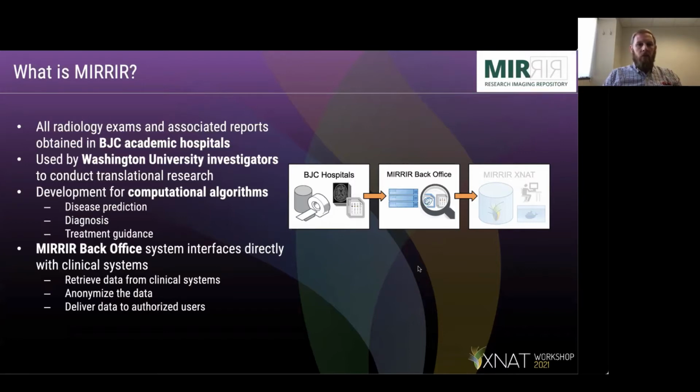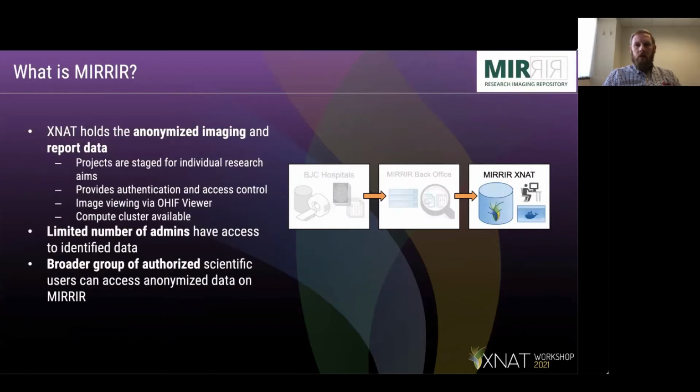So we have what we're calling the MIRRIR back office, which is this middle section here. It's where we're retrieving the clinical data, doing anonymization and staging things to deliver to authorized users. And I'll expand on these parts more later on. Once the images are anonymized, we send those to our research XNAT.